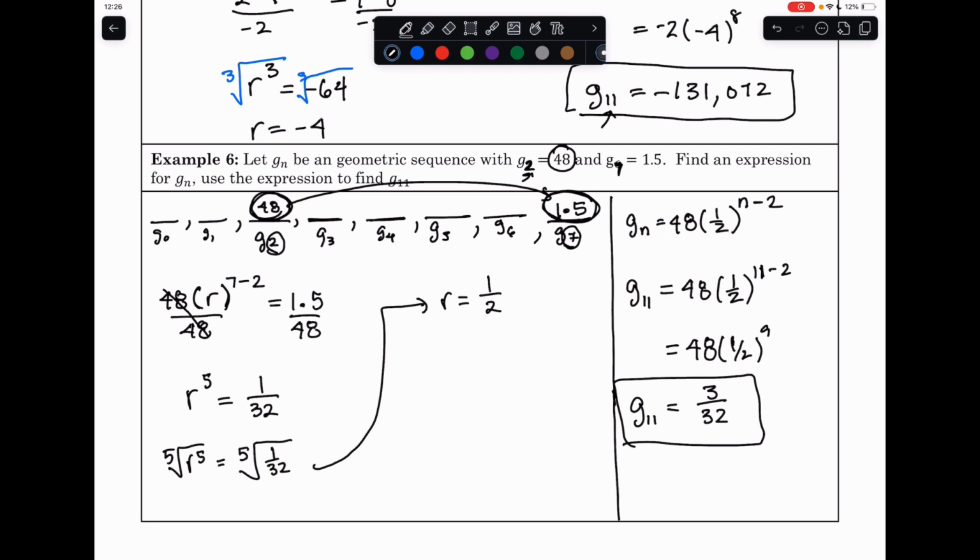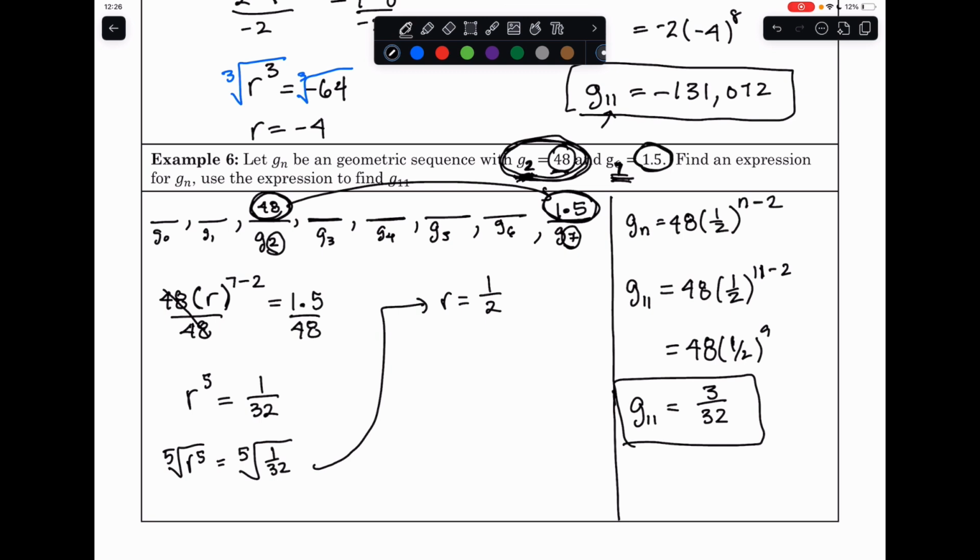So you start with the 48, multiply it with your r, and raise that r to the difference of the terms in the sequence, the 7th and 8th n values. And we set that equal to this number right there.